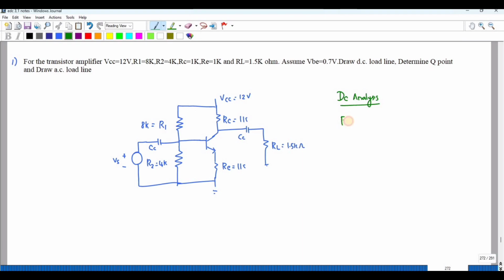For this analysis, AC must be 0, and the capacitor must be open circuit.